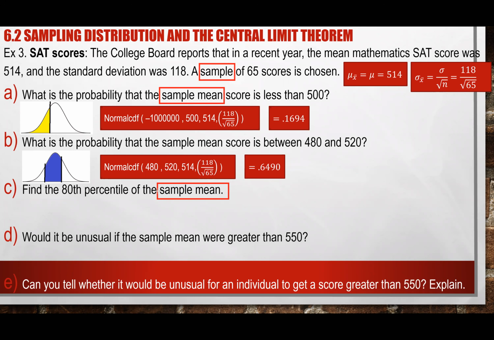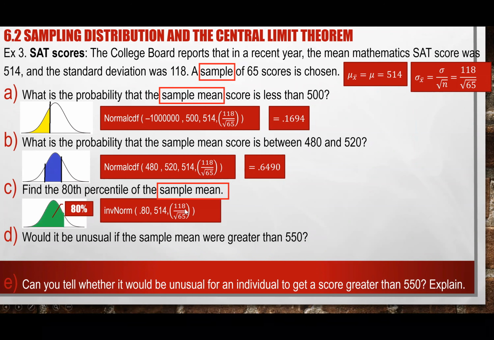If they left this out and just said, find the 80th percentile of the data, then you use the 118 as it is. But because they say find the 80th percentile of the sample mean, and because we basically find the 80th percentile of these 65 people, and they deal with a sample mean, we need to use our standard error, or this new standard deviation.